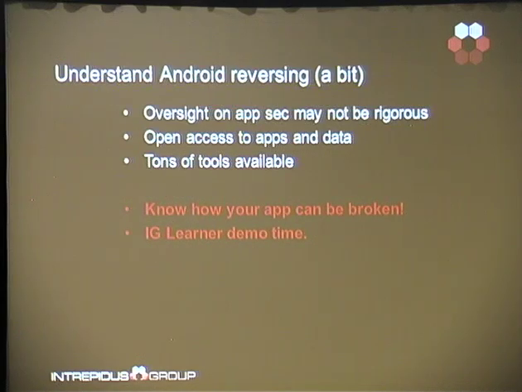All right, and finally, it's important to understand how Android reversing works. There are a lot of conversations about how secure or insecure the Android platform is. The truth is that the oversight on what apps get pushed into the market may not be as rigorous as with some other platforms, and I'm going to let you guess which platforms I'm talking about.